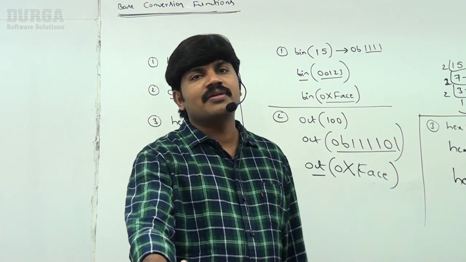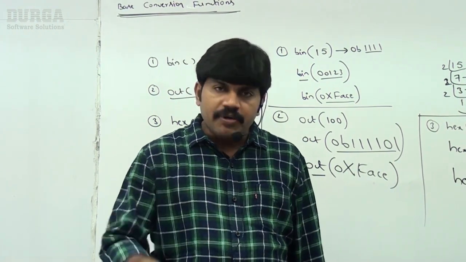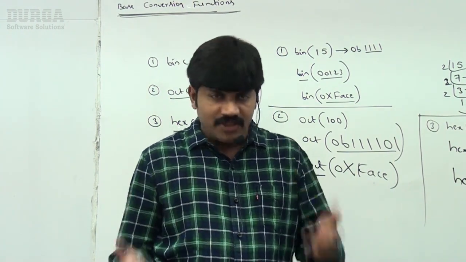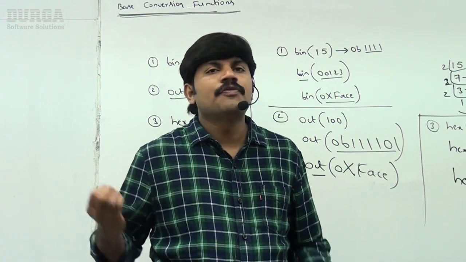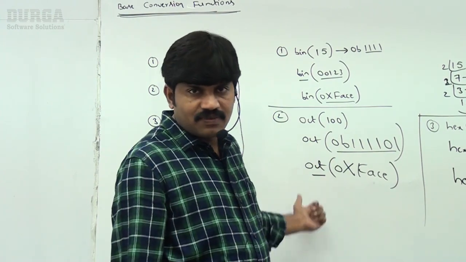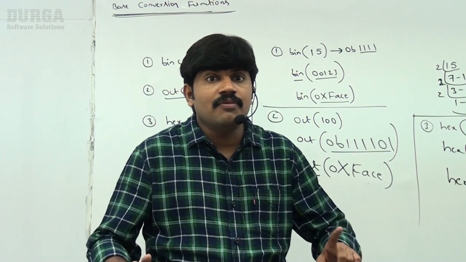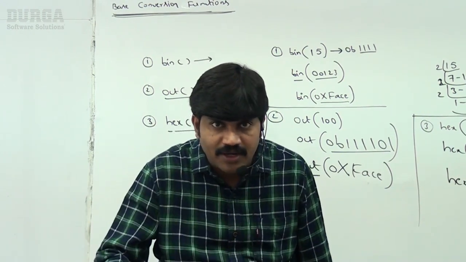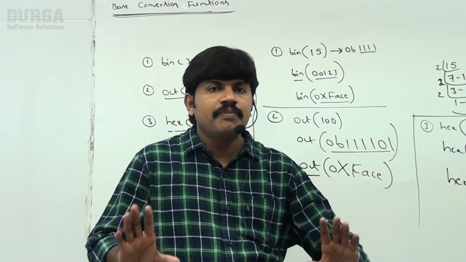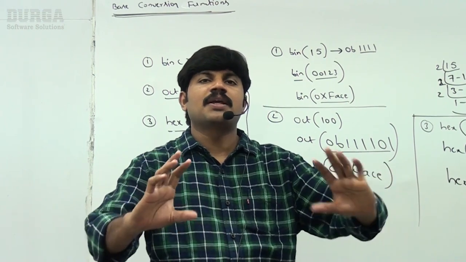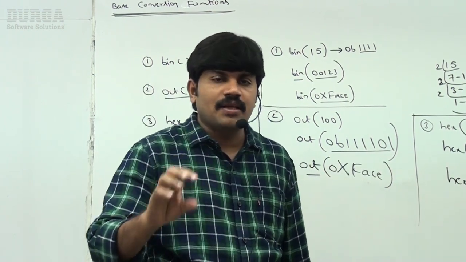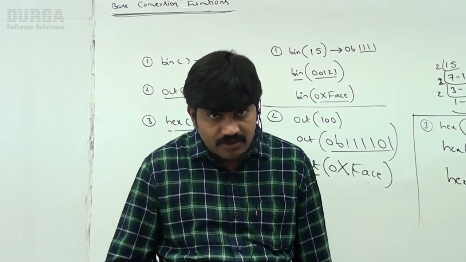To convert into decimal, no function is required, because the default number system is always decimal. If you are not using a conversion function, the output always comes in decimal only. Is it clear for all of you? These base conversion functions are applicable for int data type values, integral values.